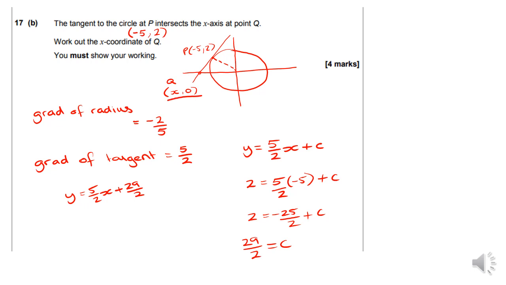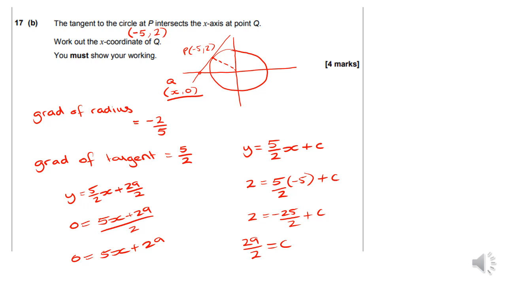Next, we're going to substitute Q in. We want to know the point where this hits the x-axis, so we're going to put y equal to 0 in. Just notice that we can write this as 5x plus 29, all divided by 2. Times both sides by 2, you get 0 is still equal to 5x plus 29.